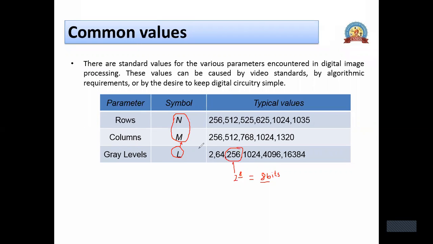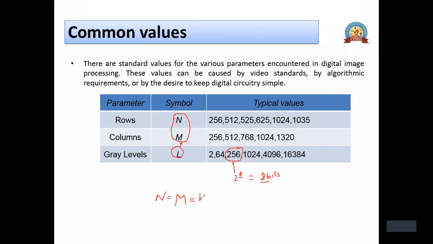Like the previous example, if the image is 16 by 16, then we have a total of 256 pixels, each pixel having a gray level of 8 bits.